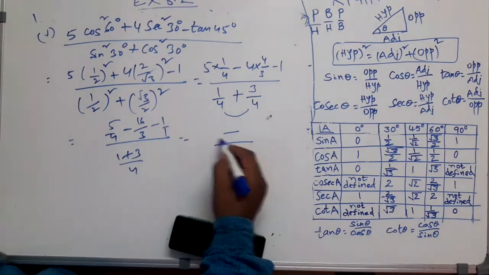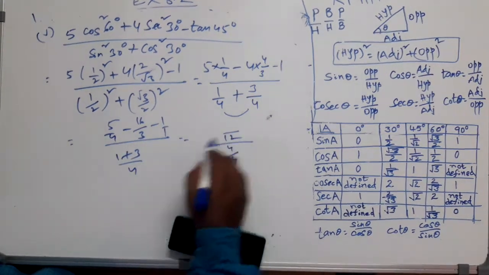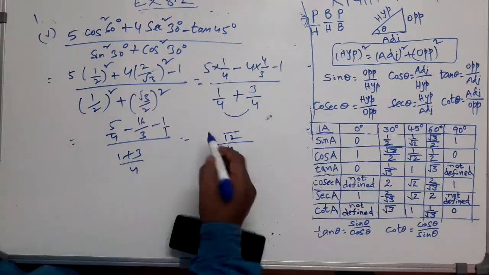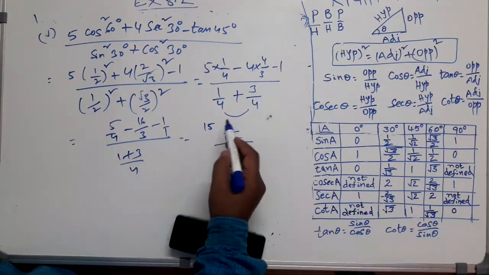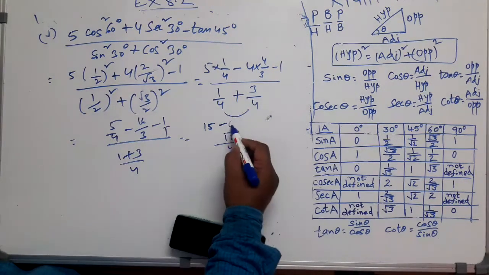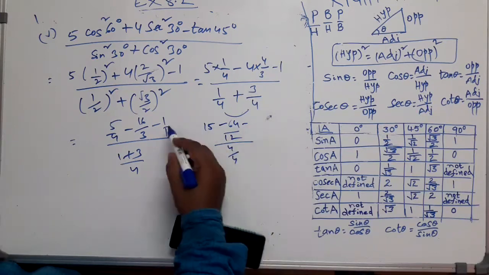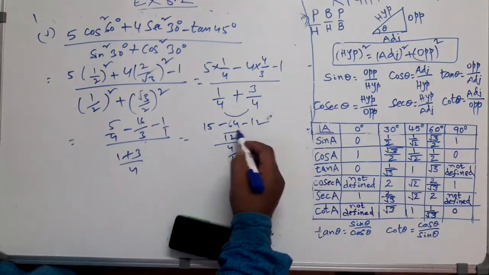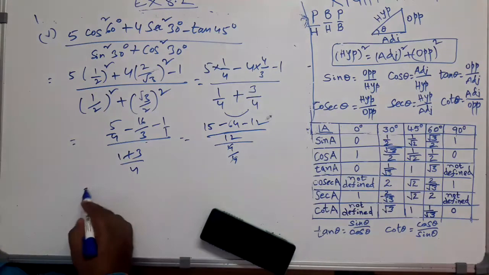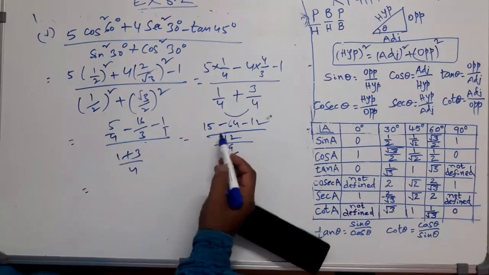LCM is 4 multiplied by 3, that is 12. Now this one, 5 multiplied by 3, 15 minus 4 multiplied by 16, 64 minus 1 multiplied by 12, 12. This is 1, right? So what is remaining here?